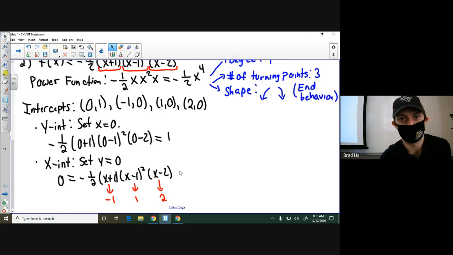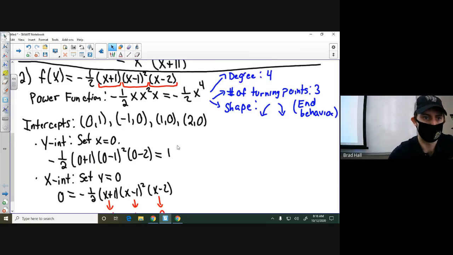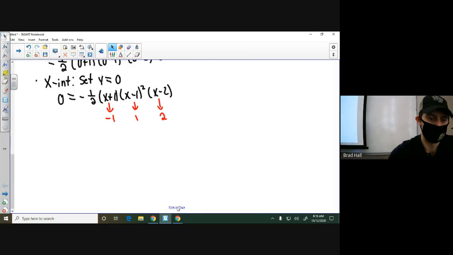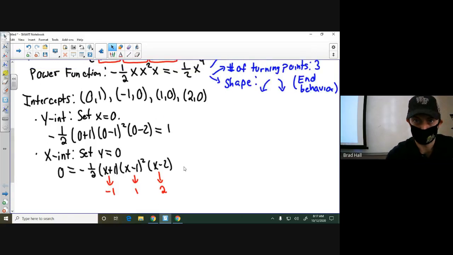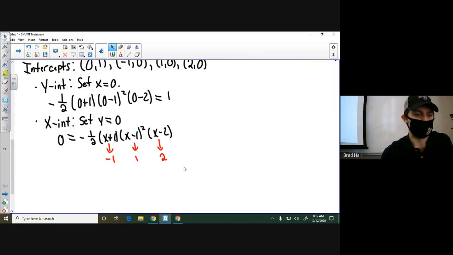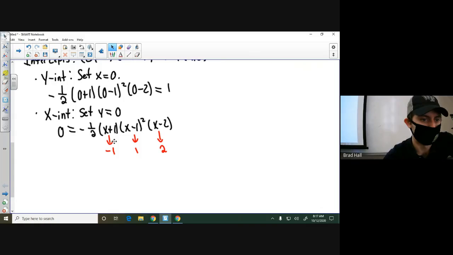So now the last thing we have to determine is the behavior. It's the behavior at each value. So remember, the behavior is something we find by viewing the multiplicities of each factor. And we can view that right here.